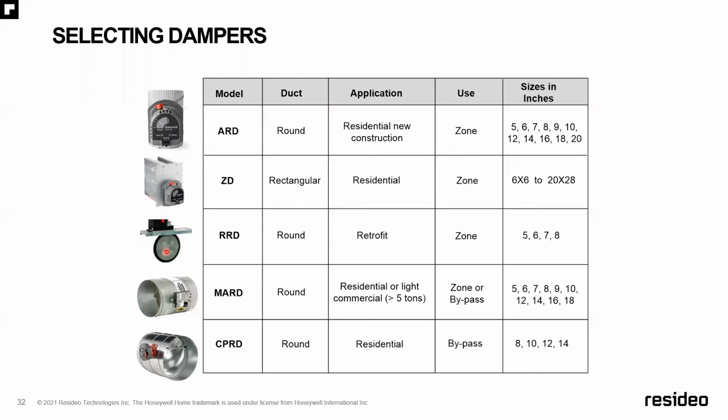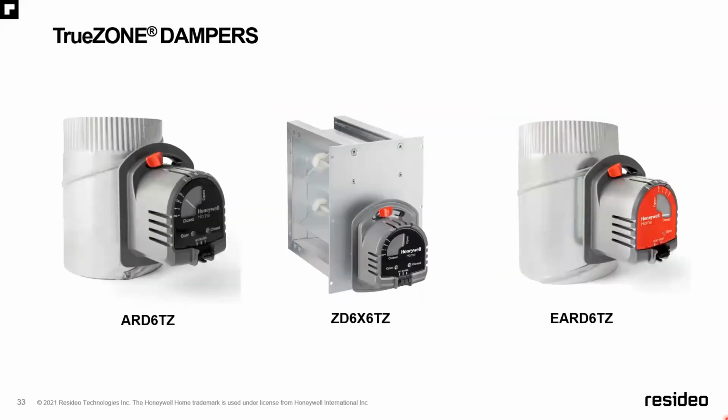Okay, so here is the RRD damper, which we'll talk about in just a few slides. That's the one that works so well cutting into uninsulated metal pipe. And then we'll talk about the MARD, which is for light commercial above 5 tons, and the CPRD. So we'll start with the ARD damper.